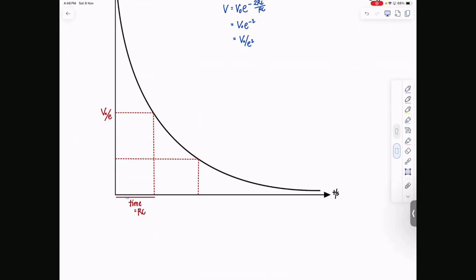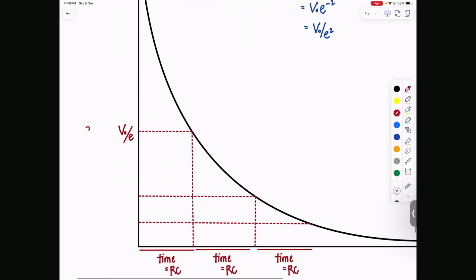Okay, so that again will happen if you wait a time of how much? RC. So at each RC, your subsequent value is becoming how much of the previous one? 1 by E, right? So it will keep decreasing like this. And let me ask you the numbers again. The one that came here was 36.8%, right? And this is V naught by E squared, which is 13 point how much? 13.53, so 13.5%.